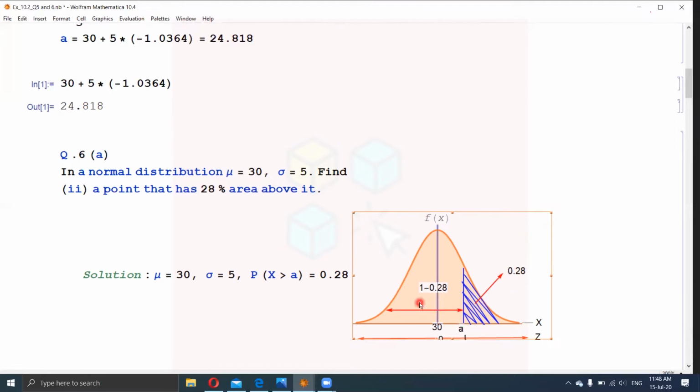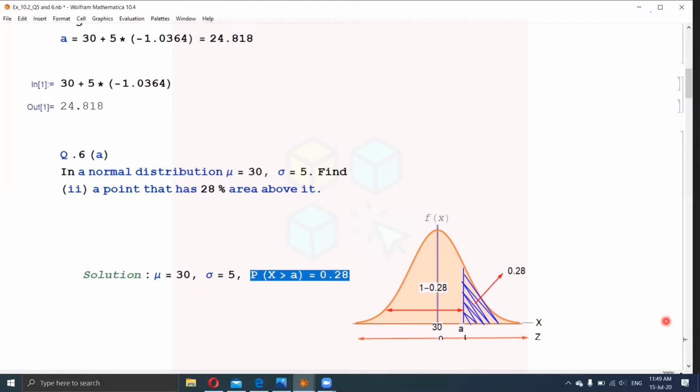So the remaining area on the left tail is 1 minus 0.28, because the table gives us the area from minus infinity to that point A. Its value will be obtained from 1 minus 0.28. But we are given probability x greater than A is equal to 0.28, the area above a point.